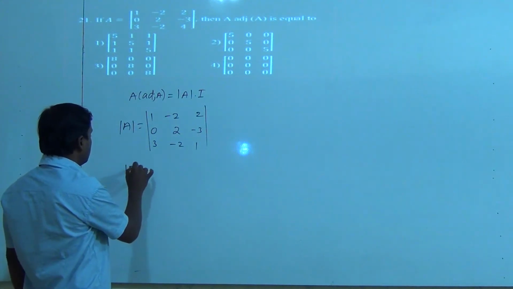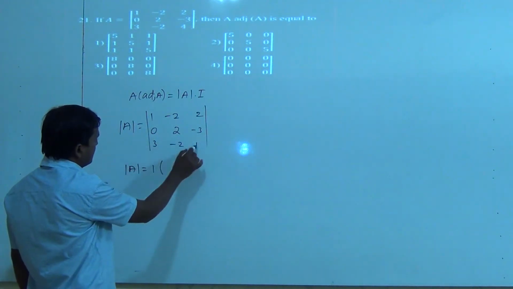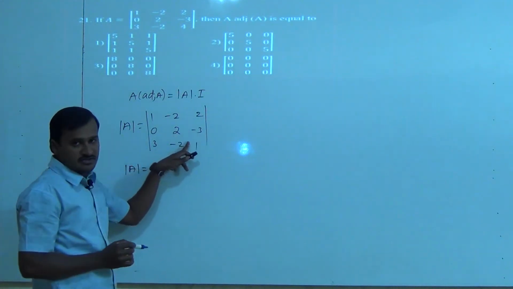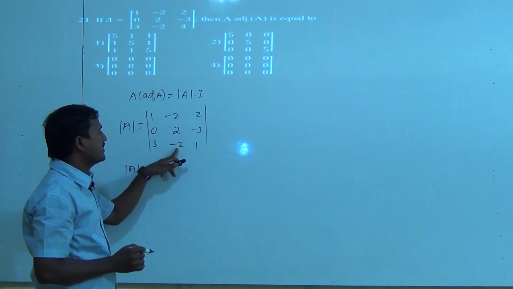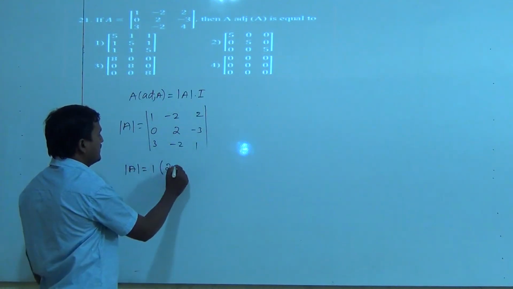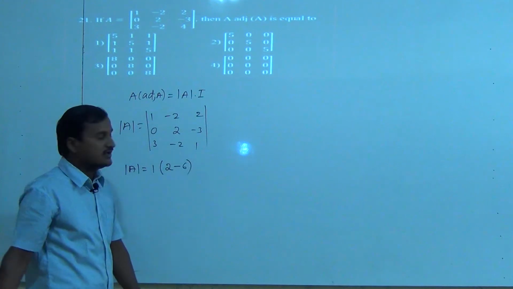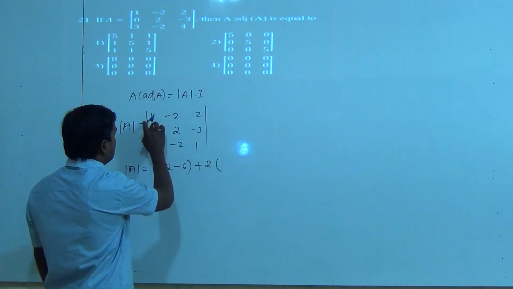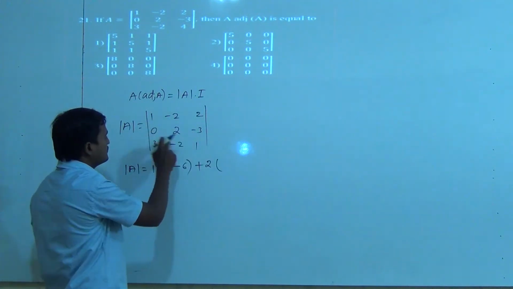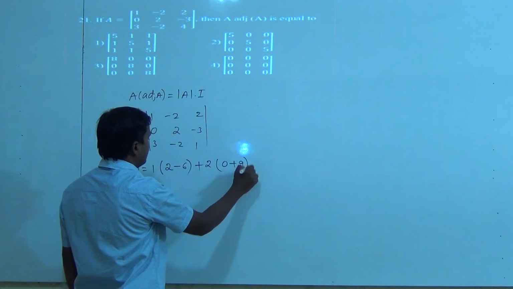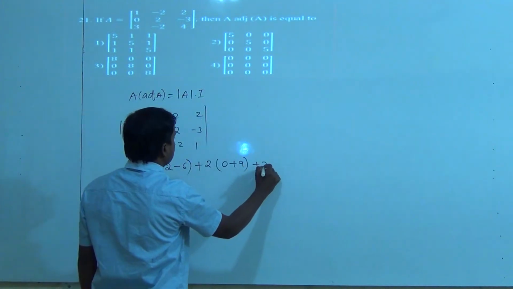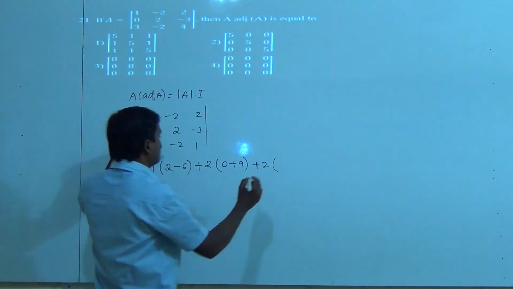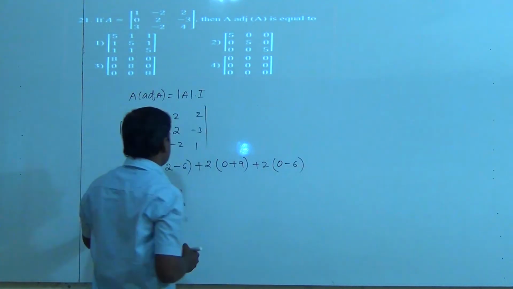So determinant of A is equal to 1 into, here it is 2 and here it is minus into minus becomes plus. So clearly it is plus 6 and here it is minus of 6, right? And here it is minus into minus, plus. So plus 2 into, I have told you the first row and second column, so 0 and plus 9, and here it is plus 2 into, the first row and third column, so clearly it is 0 0 minus of 6, is it right?